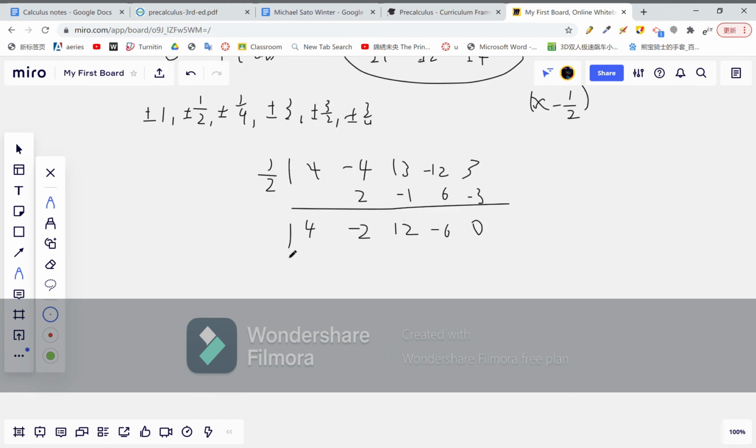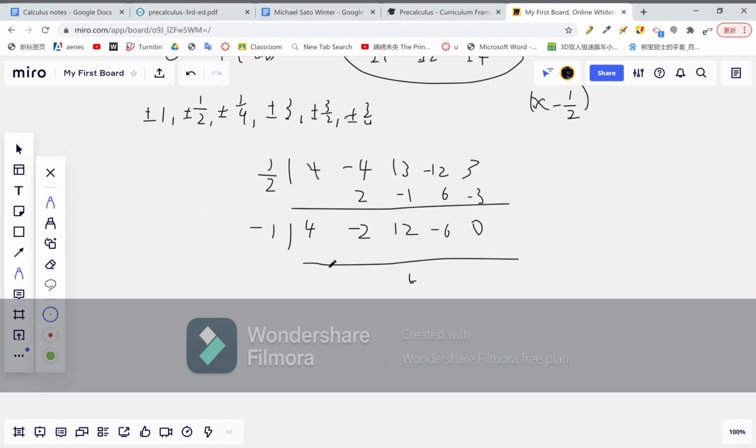We have to continue dividing, so we try again. Let's try 1: 4, 2, 14, that's not going to work. How about negative 1?